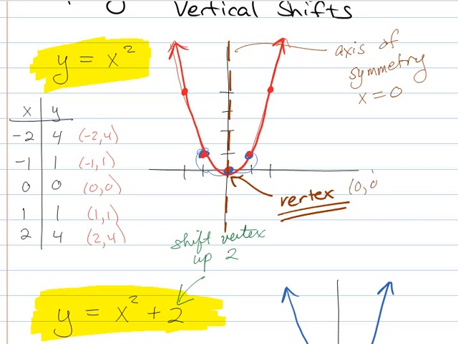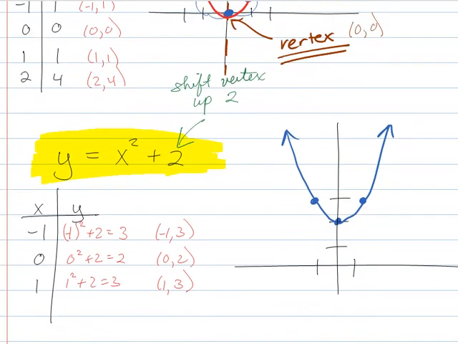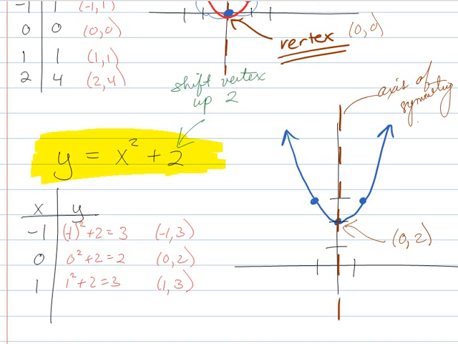The vertex of this one here is (0, 0). So when we do a vertical shift, which is what we did, we moved it up, we now have a new vertex. The vertex is now (0, 2). The axis of symmetry is the same, x equals 0.